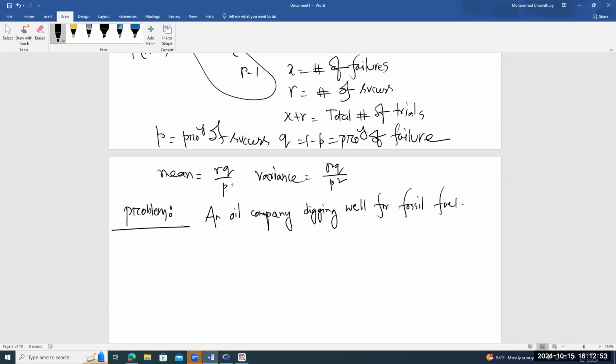An oil company is digging wells for fossil fuel. The probability of getting fossil fuel from a well is 0.17.